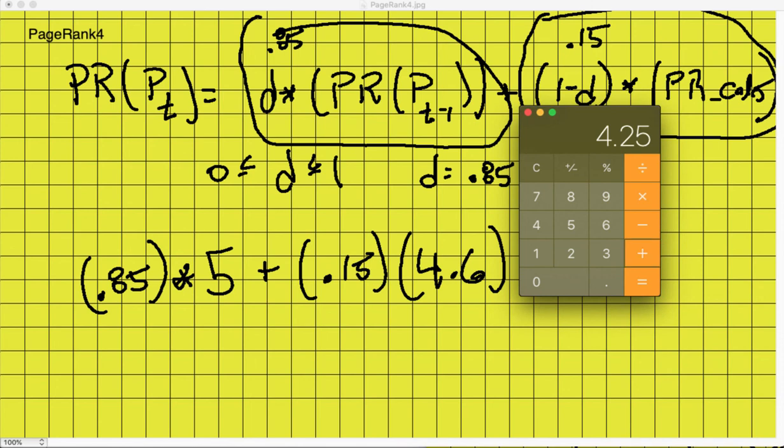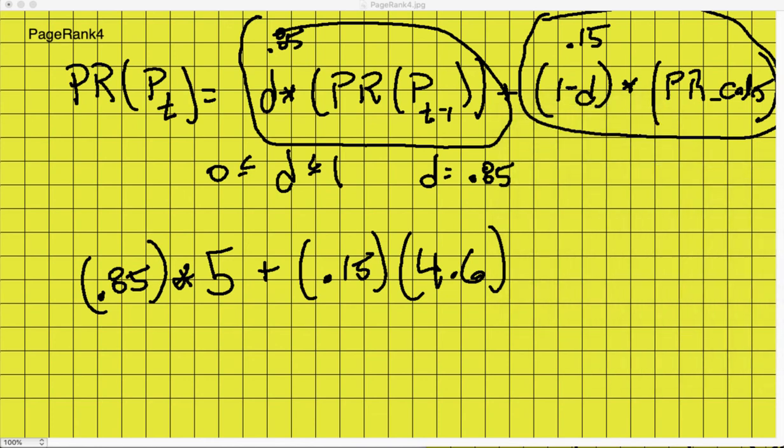So I'm going to say plus 0.15 times 4.6. And that's equal to 4.94. So you can see that there wasn't much variation from here.